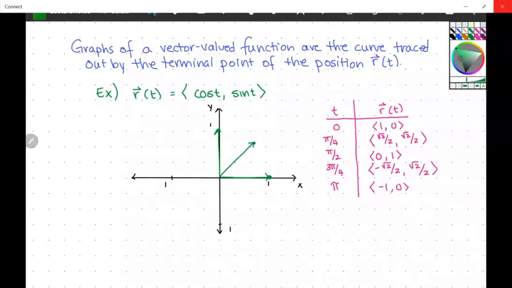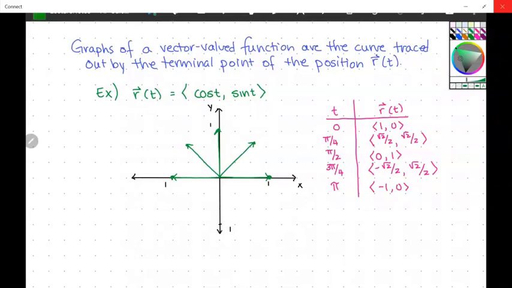Negative root 2 over 2, root 2 over 2 will put me right here. Negative 1, 0 puts me right there, and so on and so on and so on.